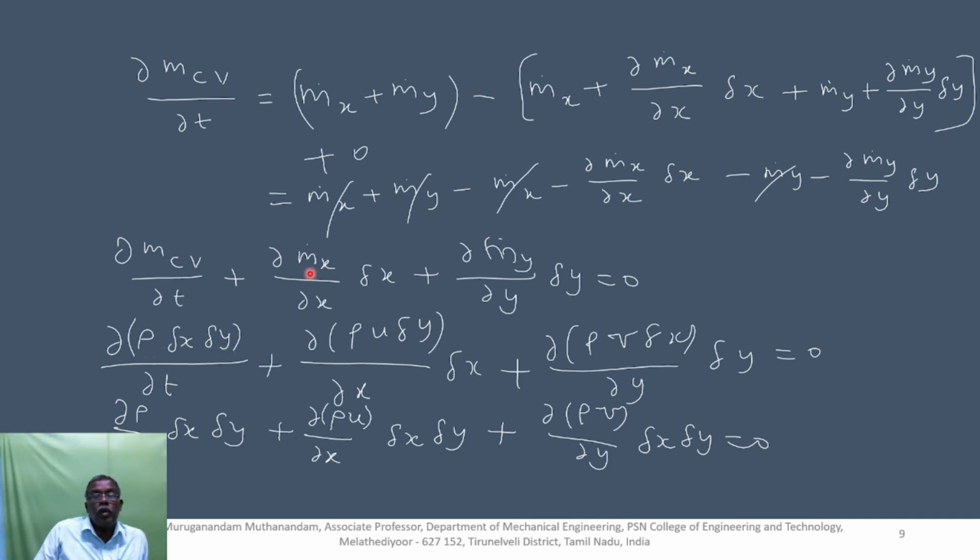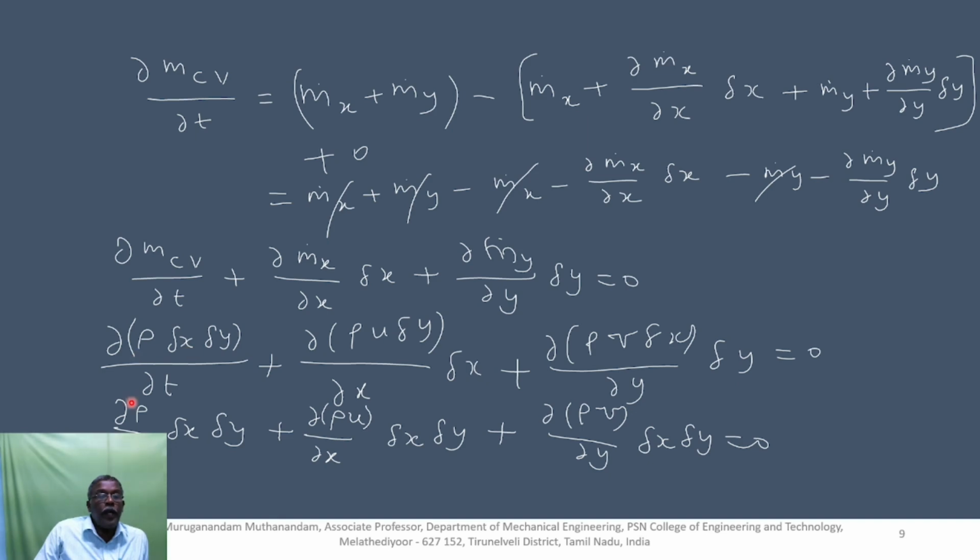Similarly, m dot x we have already defined, which is the product of density multiplied by the component of velocity along the horizontal direction u multiplied by the area perpendicular to the flow, delta y. Similarly, m dot y is written in terms of density, the component of velocity along the vertical direction, and the length of the control volume along the x direction, delta x.